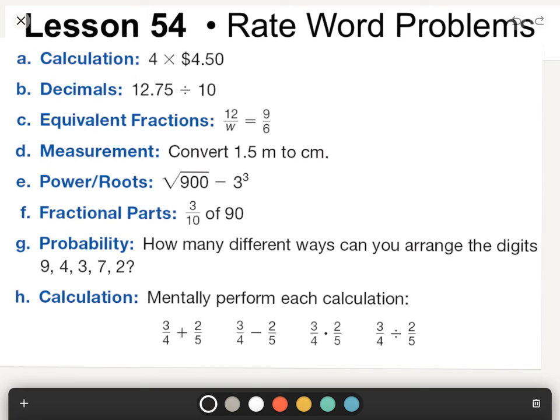Okay, so looking at this, it's kind of like 16 plus 2 is $18. Then this one, we are dividing by 10, so our decimal goes 1 to the left. So that'll get us 1 and 275 thousandths.